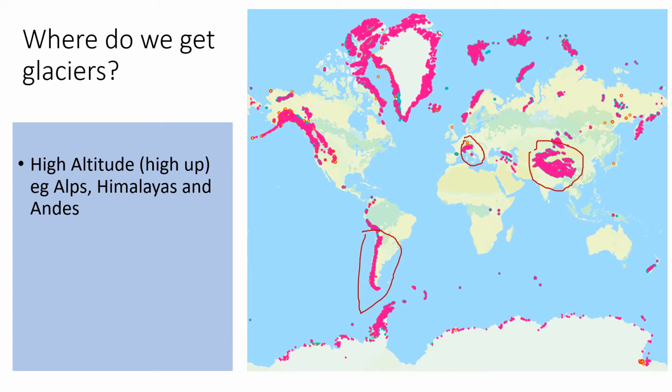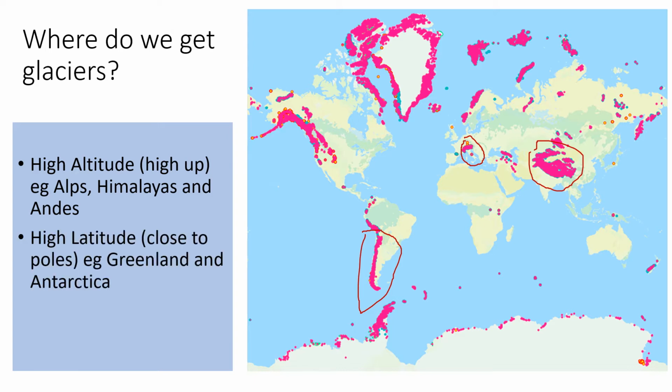That shows where we've got high areas. Where you get really high areas, you get glaciers, and that's because as you go higher up, it gets colder and colder because the air is becoming thinner and thinner, and it makes it much colder.